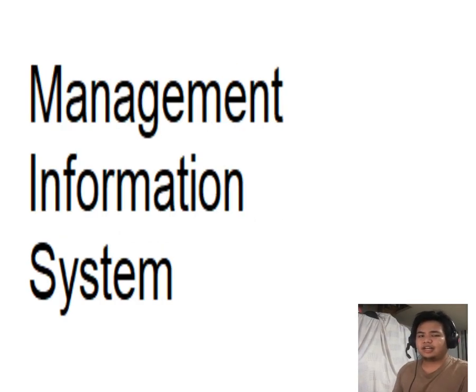So let's talk about the last topic, which is the Management Information System, or an MIS. So what is an MIS? An MIS is an information system used for decision making and for the coordination, control, analysis, and visualization of information in an organization. The study of the MIS involves people, processes, and technology in an organization context.